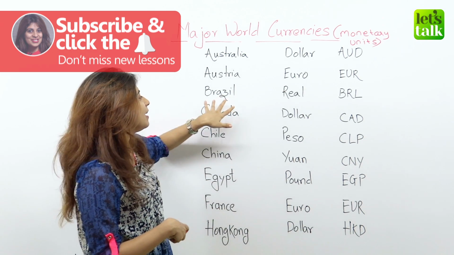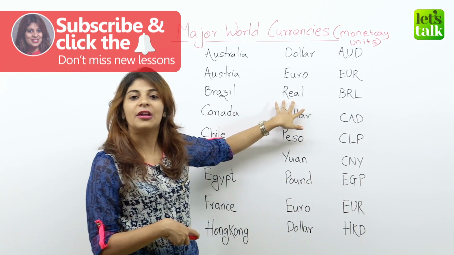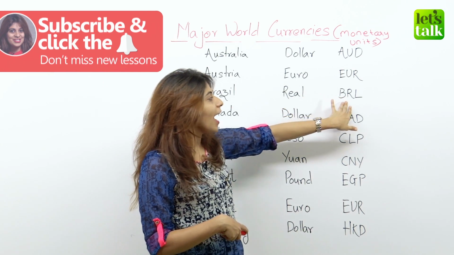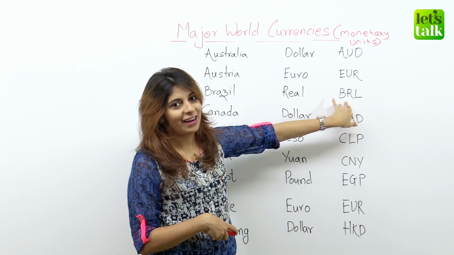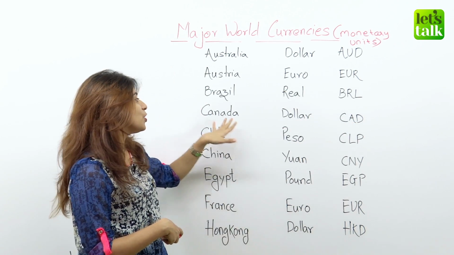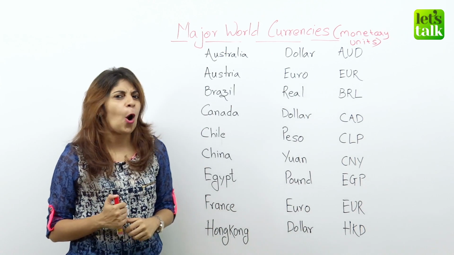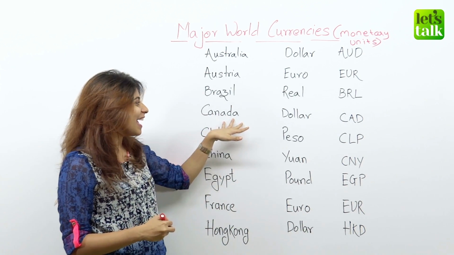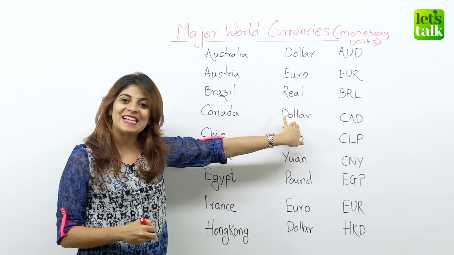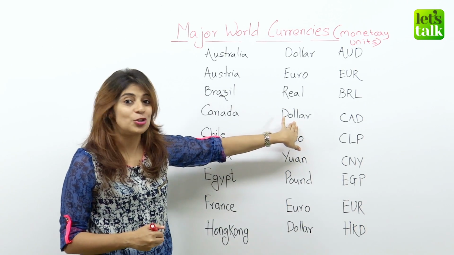Alright, then let's move to Brazil. Yes, well, in Brazil we use Brazilian real and the ISO code is BRL. Let's move on to another country, which is Canada, the cold Canada. Now in Canada, the currency that we use is dollar.